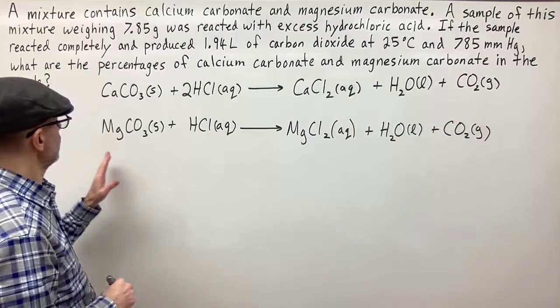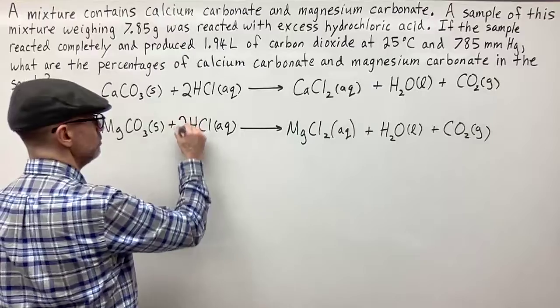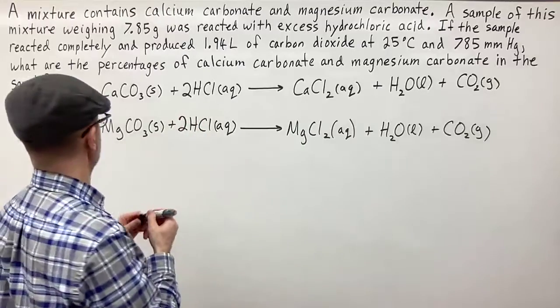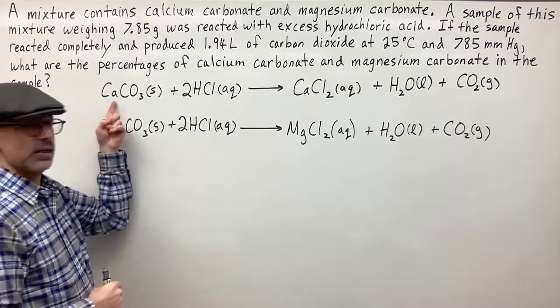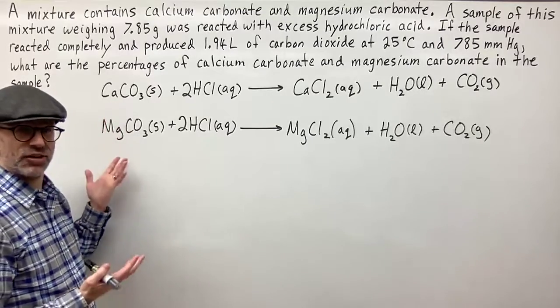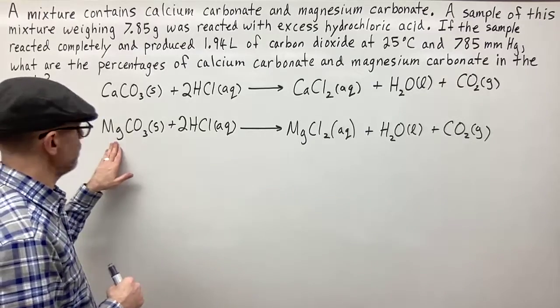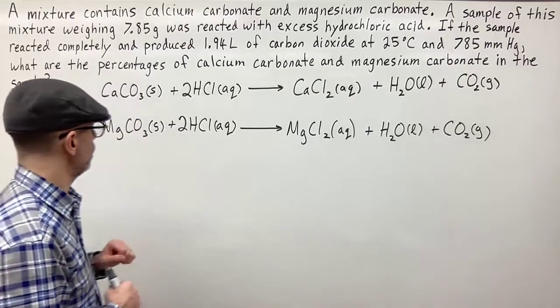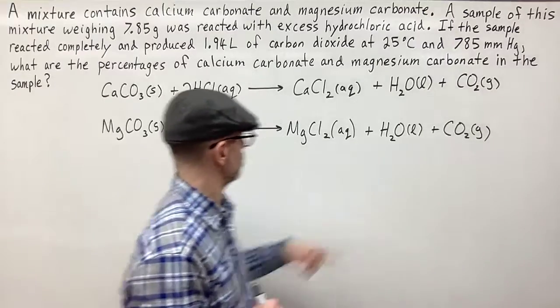Let's do the same thing with magnesium. It's probably going to be the same thing because the magnesium here has the same charge as the calcium, so everything else is going to be the same. But let's just double check. I have 1 magnesium here, 1 magnesium there. I have 1 carbon, 1 carbon.